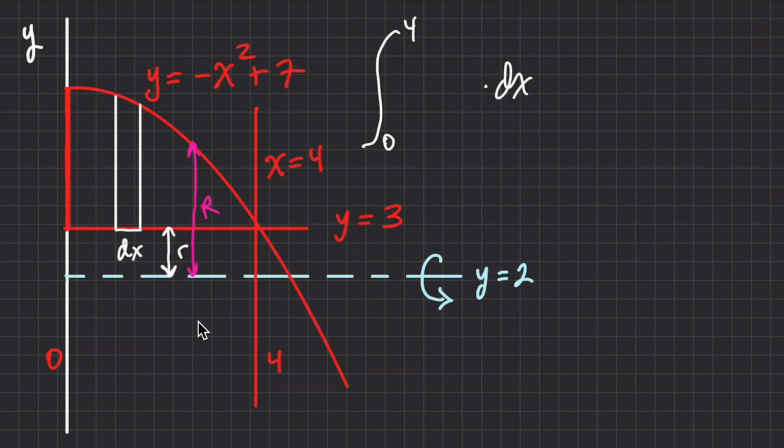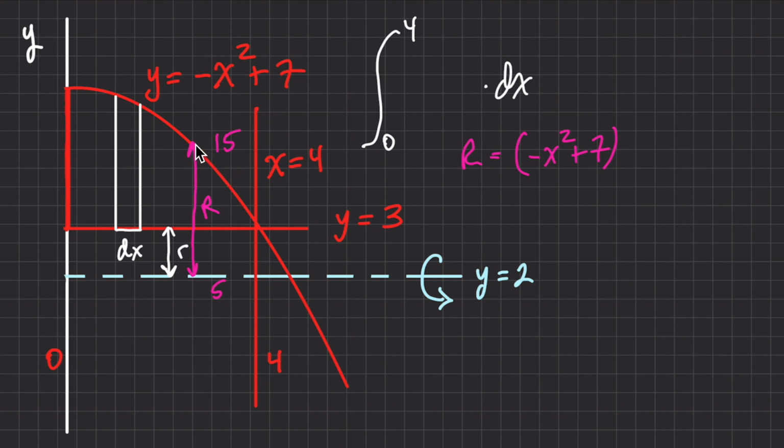Next, let's get expressions for big R and little r. Let's start with big R. So big R is this pink distance here. So we're trying to find the distance between that point down to the axis of rotation. Okay, this point here is illustrated by this function. So we're going to have that top function. Okay, we're going to do top minus bottom, just like we're going to do an older girl who's 15 minus the younger girl who is 5 to get the difference in ages.